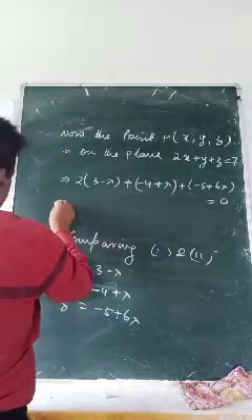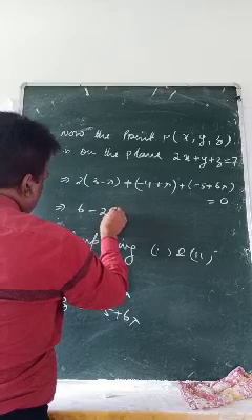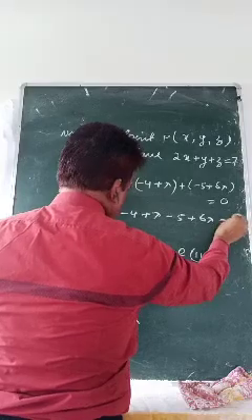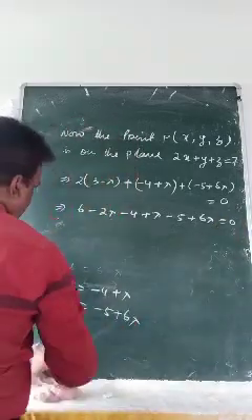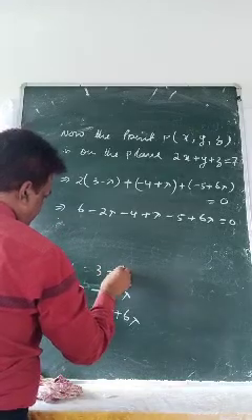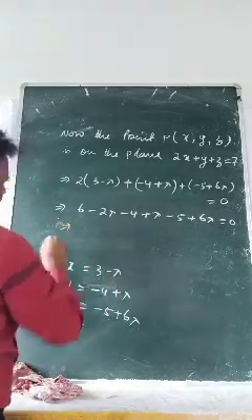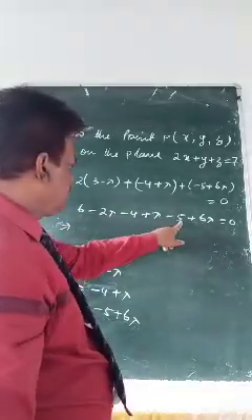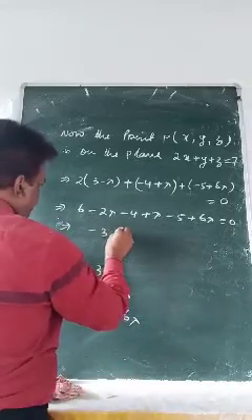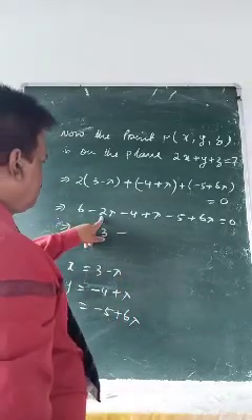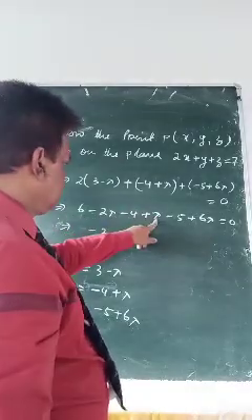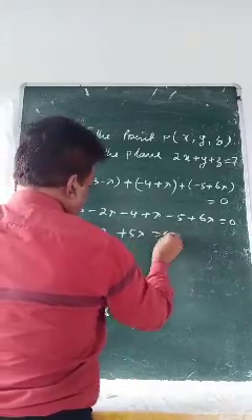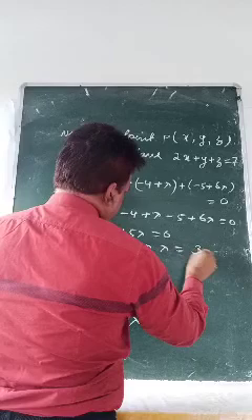So 6 minus 2 lambda minus 4 plus lambda minus 5 plus 6 lambda equals 0. This implies 6 minus 4 minus 5 is minus 3, minus 2 lambda plus lambda plus 6 lambda is 5 lambda, so lambda equals 3 by 5.